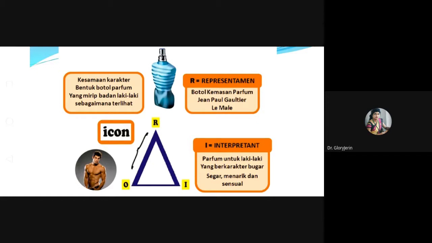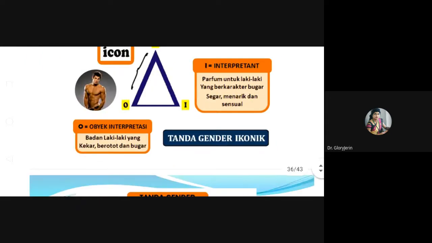Two forms are related when their features are considered similar. You can see the similarity between the perfume bottle and the gesture of a man, so they call it an iconic sign. The female gender sign in a perfume bottle can serve as an iconic sign when the bottle form refers to a woman's posture.